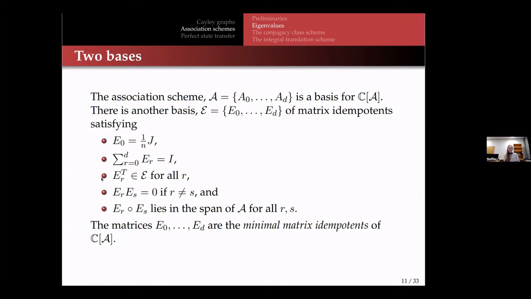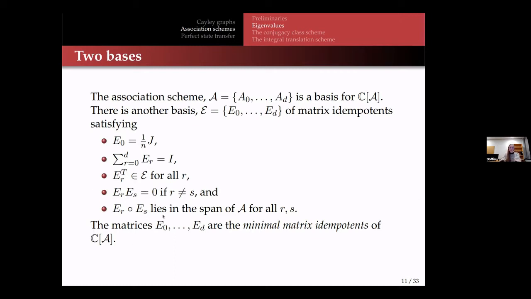The sum of all the ER is the identity matrix. Script E is closed under taking transpose. These matrices are pairwise orthogonal.